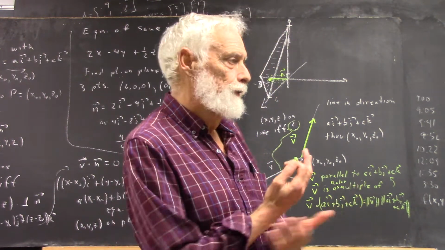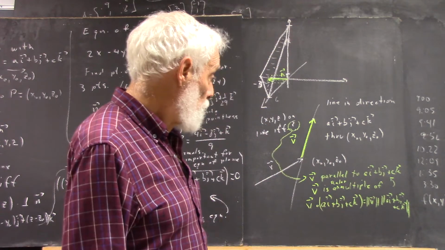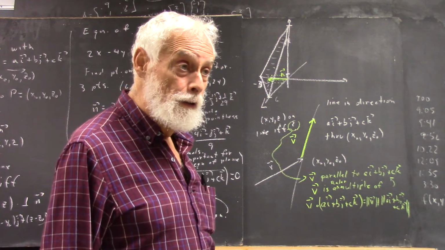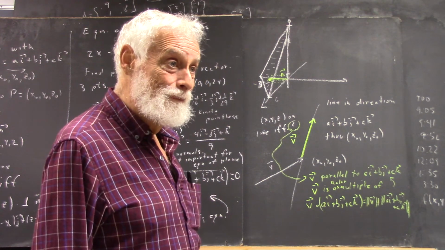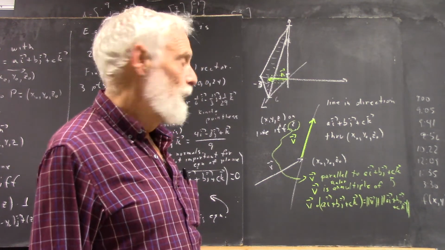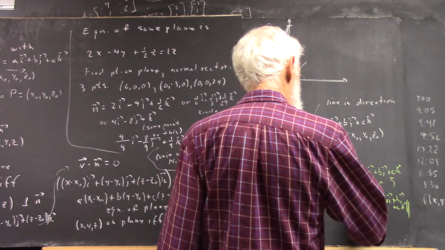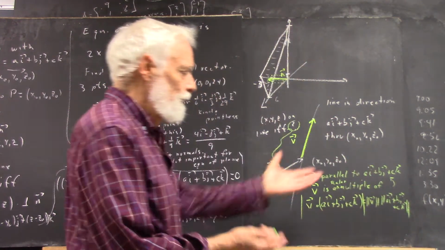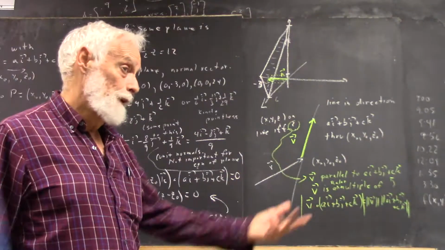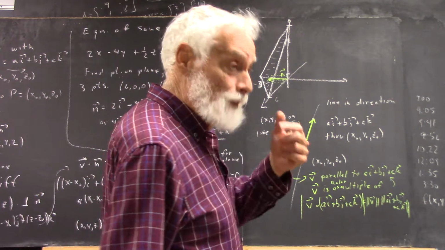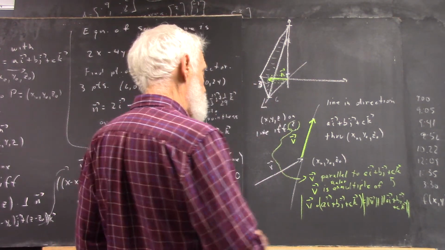If the angle is 0, which it has to be, or 180 degrees, which it has to be in order for these vectors to be parallel, then the cosine of theta is 1. Magnitude of the cosine of theta is 1. So I should actually say the magnitude of this, because you could have the 180 degree angle, right? In which case the cosine would be -1, so I'm glad I said that.